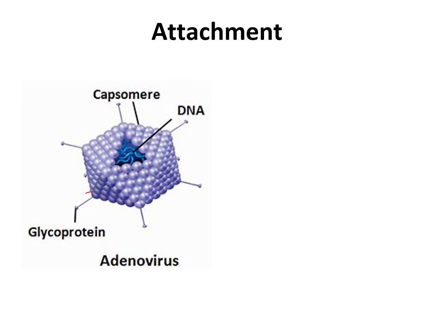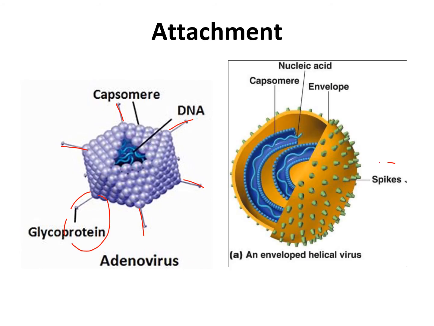It was these protein fibers that extend out from the corners of the naked virus, the non-enveloped virus. And then for the enveloped virus, which structures were used for recognition and attachment? The spikes. So those protein spikes that are extending out from the envelope, which remember is a phospholipid bilayer.